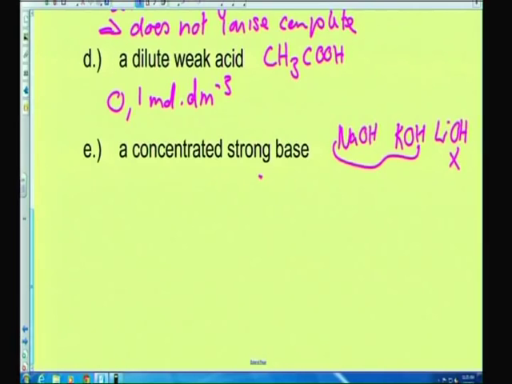So I would choose any of those two, and if it was concentrated, 2 mole per decimeter cubed would be sufficient, or bigger. What we're saying is these dissociate. Because they're ionic in nature, they split up into their ions, and the word that we use there is dissociate. Whereas the acids tend to be covalent in their nature, and they form ions for the first time. That's why we use ionization.